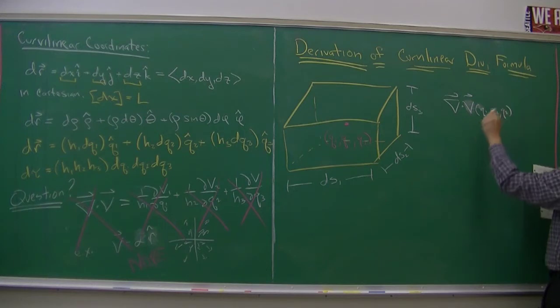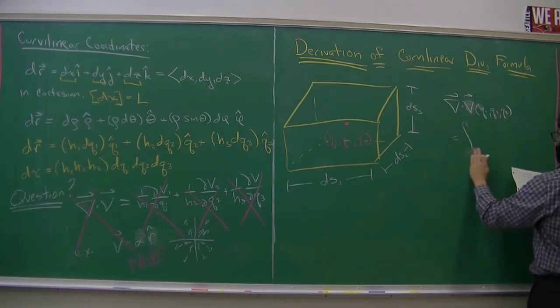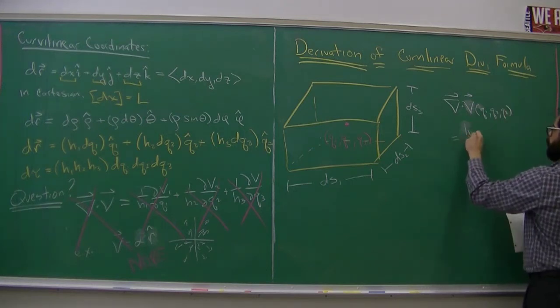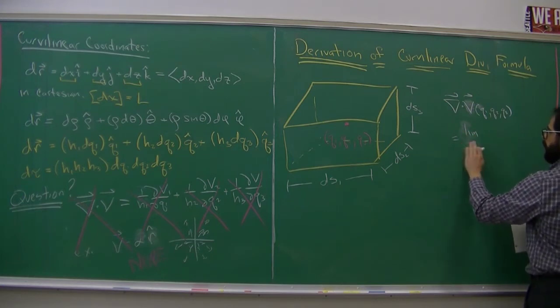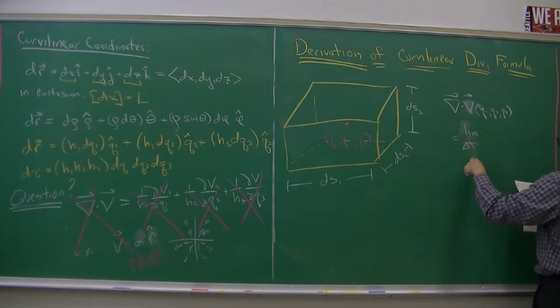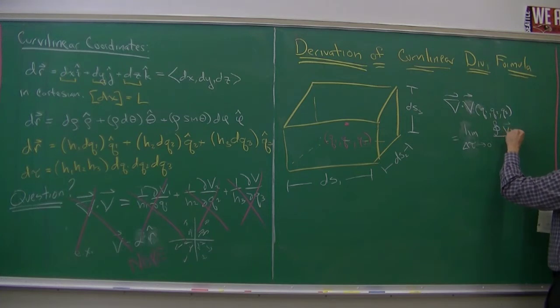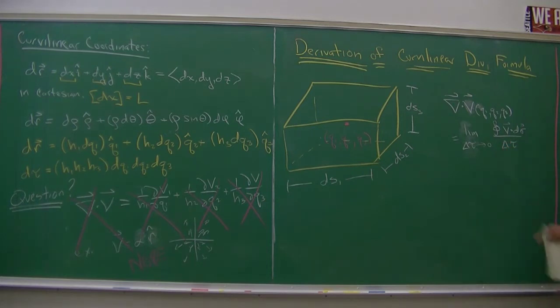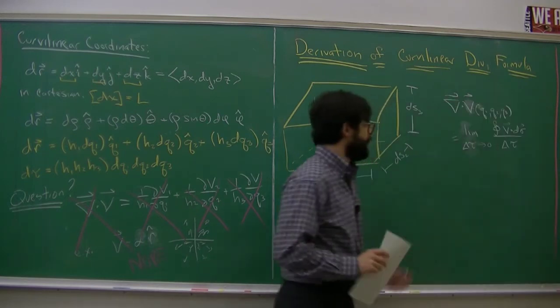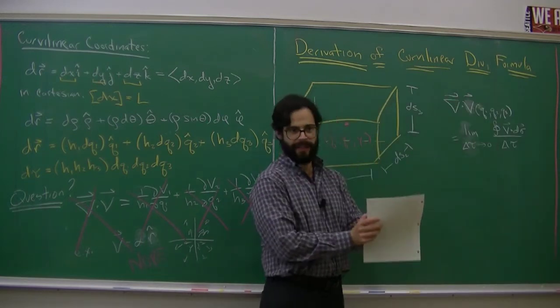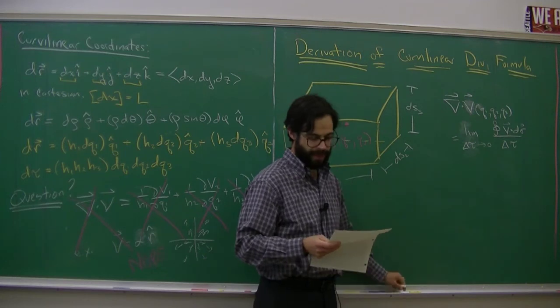And this is equal to the limit as some tiny piece of volume denoted tau goes to 0 of the flux through the surface. So this is a Gauss's theorem type integral, or Gauss's law type integral too. Right, so this is the fundamental geometric definition of what the divergence is. So it's the limit as we take the flux through the surface divided by the volume of that surface.